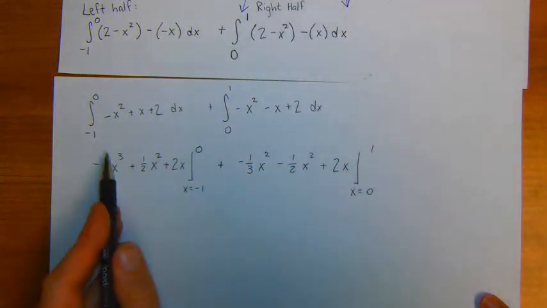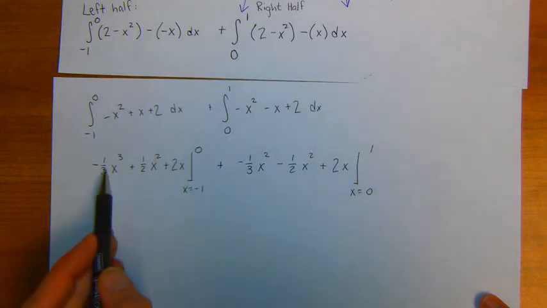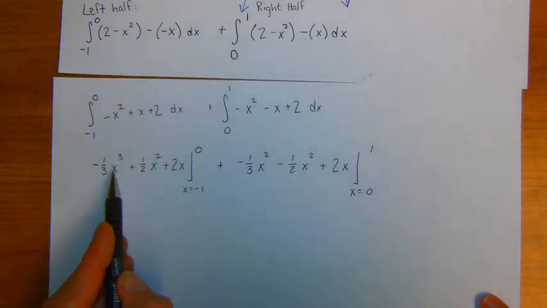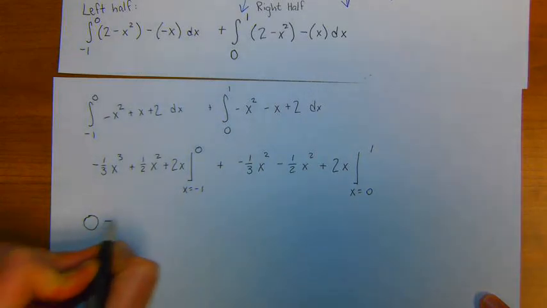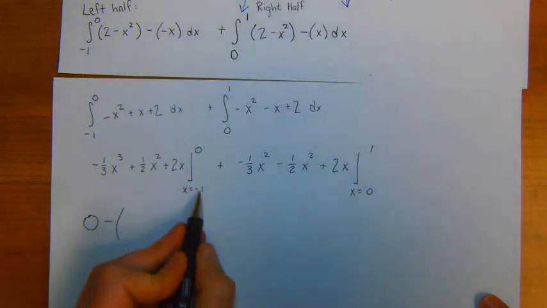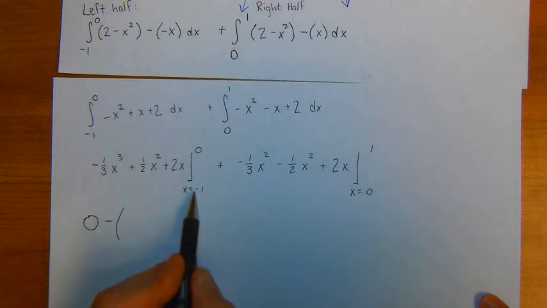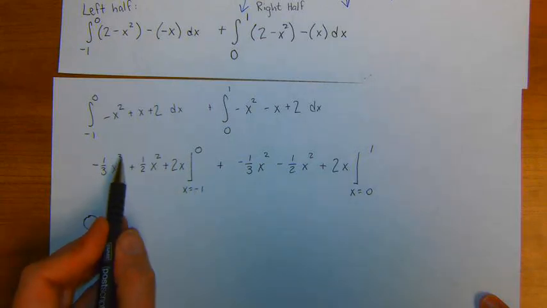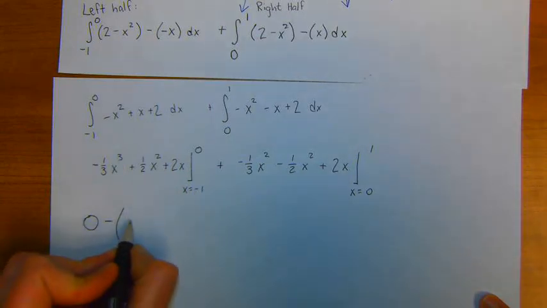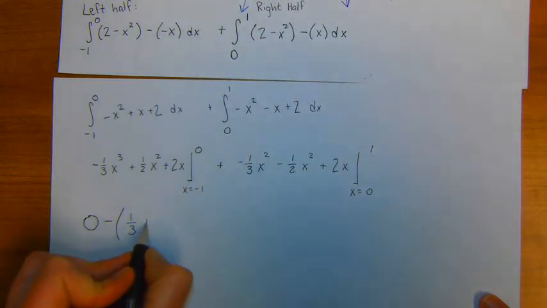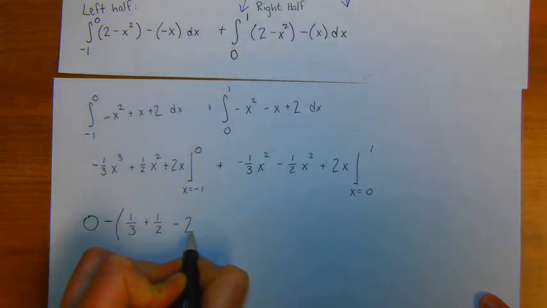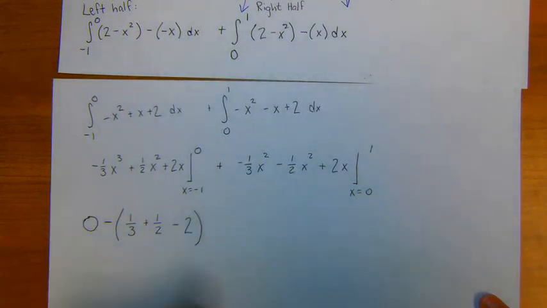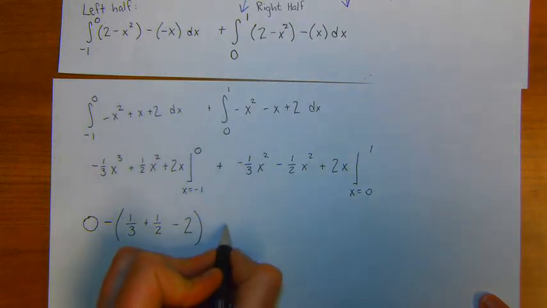When we evaluate these, I plug in the upper bound, which is 0, and I get 0 in each of the terms. And then I subtract out evaluating at the lower bound. -1 to the third is -1, times a negative third becomes a positive third. -1 squared, I get a positive 1/2 minus 2. So this is the evaluation of the first integral.